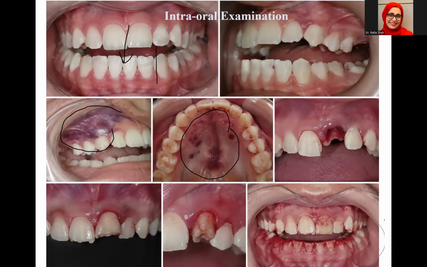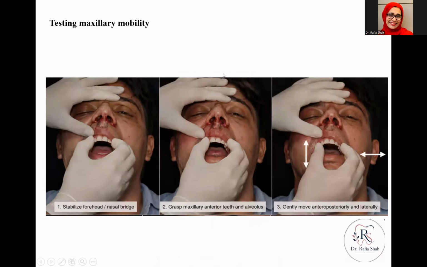Definitely there is a fracture, so the patient may or may not have loss of teeth and fractured teeth, and all these things you need to evaluate. If such lacerations are there in the sulcus or over the palate, it gives you a clue that the fracture line is passing through this region, and that the patient has a Lefort 1 fracture.